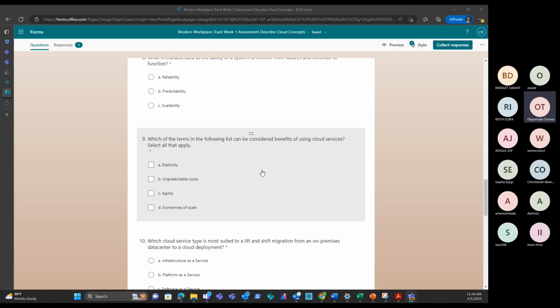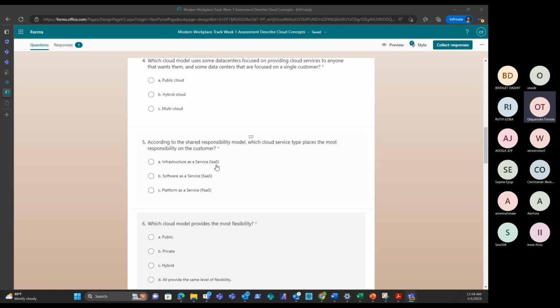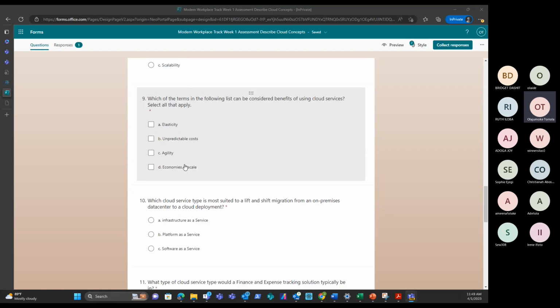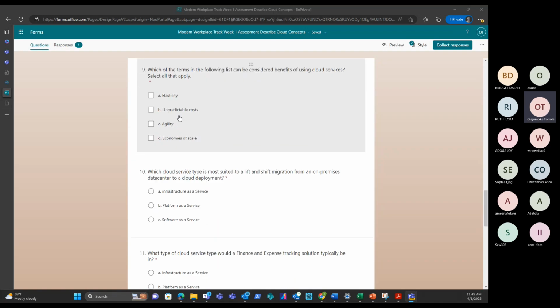So group A and group D now have 3 points each. You should pay attention to the question. It says select all that apply, and for each question, as you saw from the beginning, it gives you 1 point. So this particular one is a 3-point question. You select all: elasticity, agility, and economies of scale.